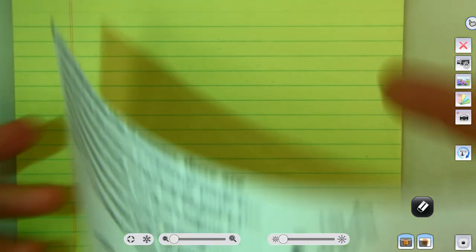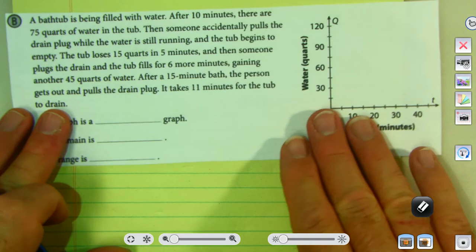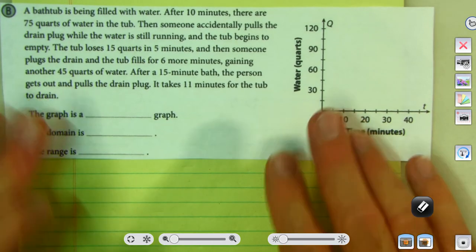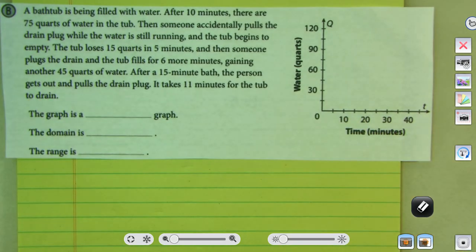So let me show you the problem itself. Now, a bathtub is being filled with water. And after 10 minutes, there are 75 quarts of water in the tub. Okay. Then someone accidentally pulls the drain plug while the water is still running. The tub begins to empty. And then the tub loses 15 quarts in 5 minutes.